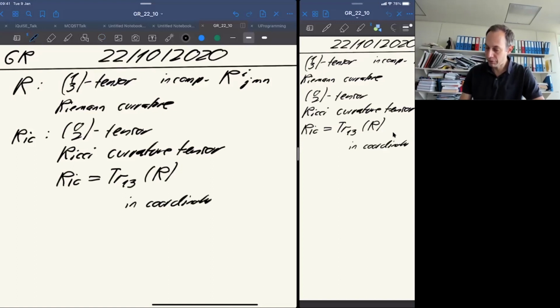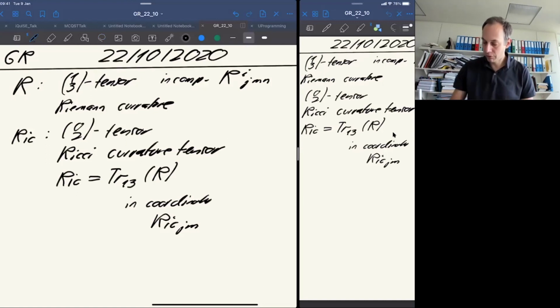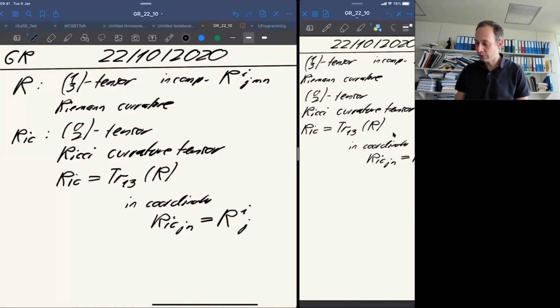Namely, we could just write the Ricci curvature has, of course, now two components. I call them j and, I think, the second one should be an n. And because it's the trace of R, I can write it as i, that's the first component I trace over, then j I don't trace over, then again the one I trace over, which I have to label with the same index, and then again n.